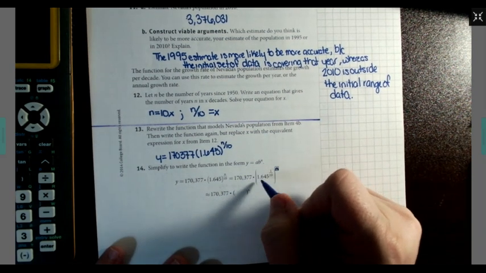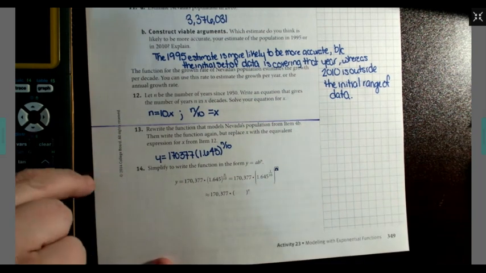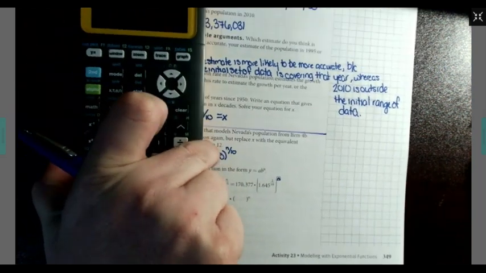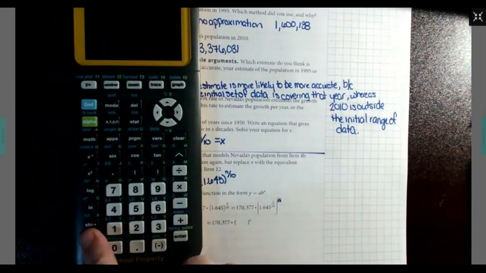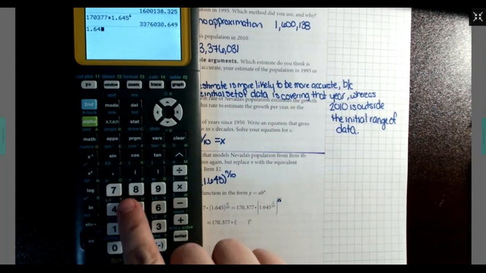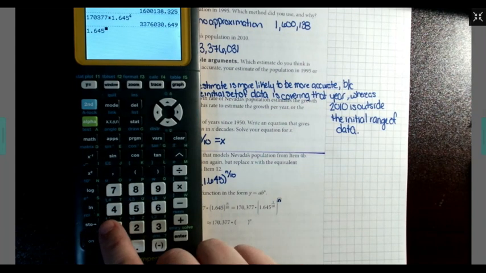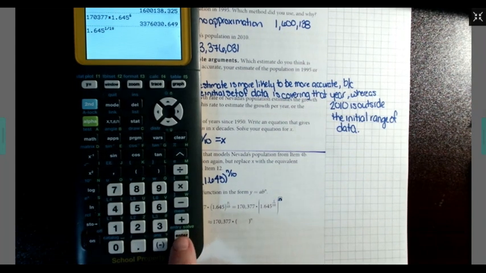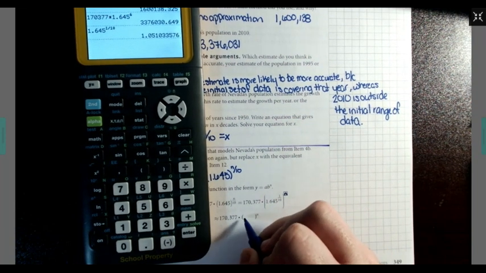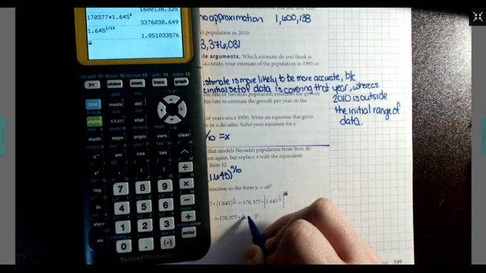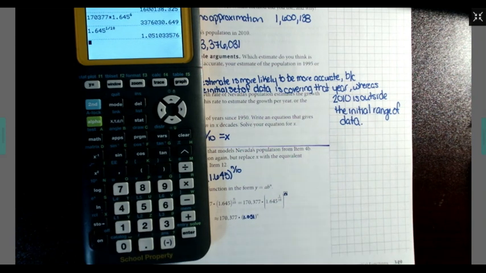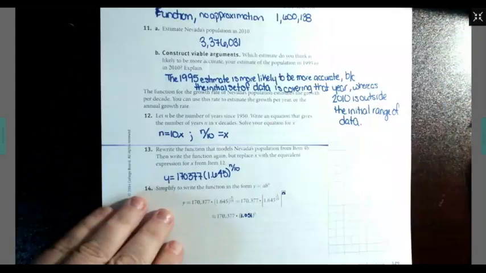Now, I want to reevaluate what is 1.645 raised to the 1 over 10 power. That is going to be 1.051, and that is raised to the n power.